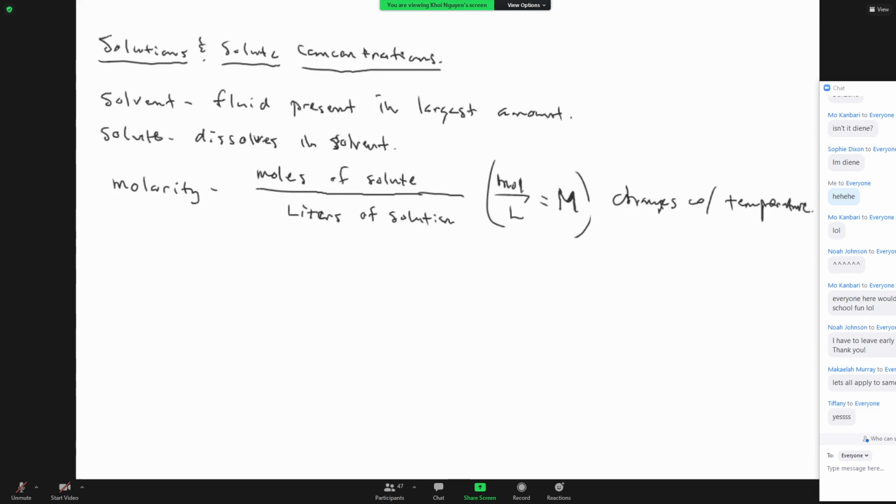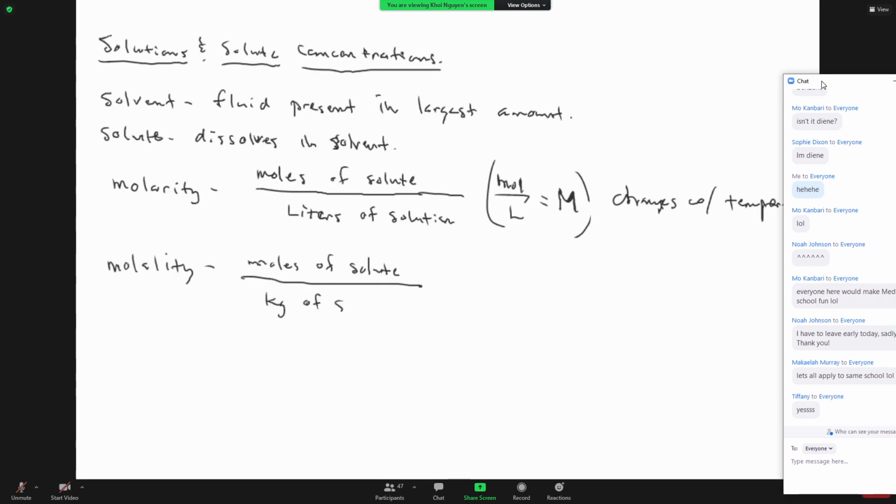The other term that we need to know for solute concentration is molality. This is moles of solute over kilograms of solvent.